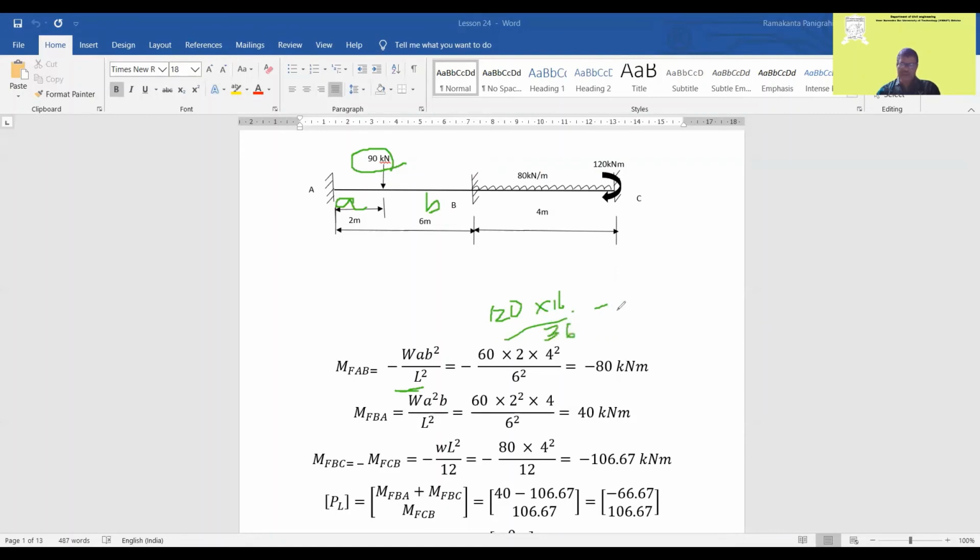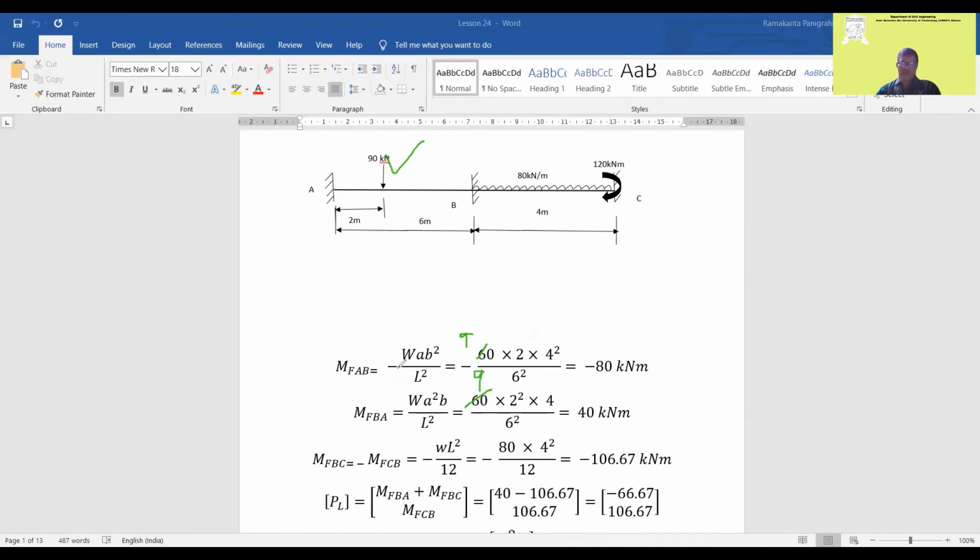There's a mistake. So this comes 80. No, this will be 90. Oh, this is 90. Please make the correction. So this value will be 90.